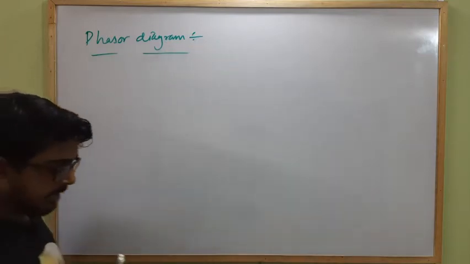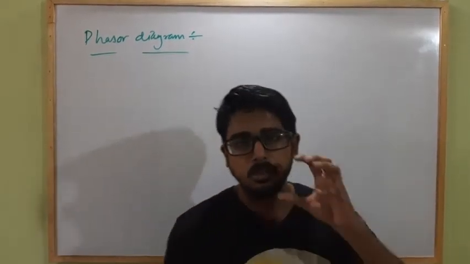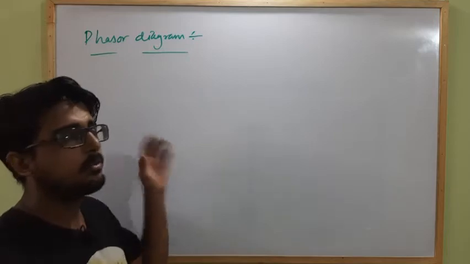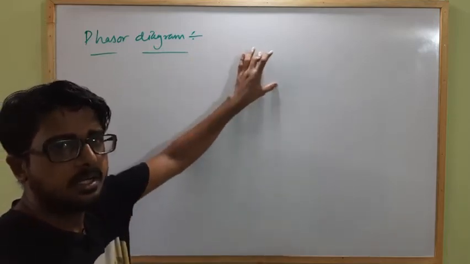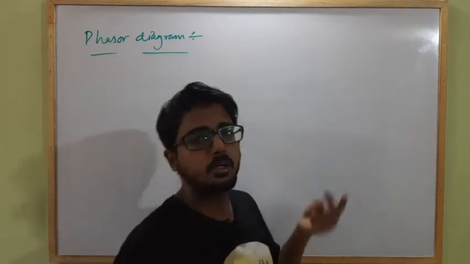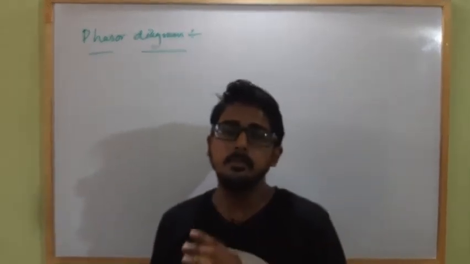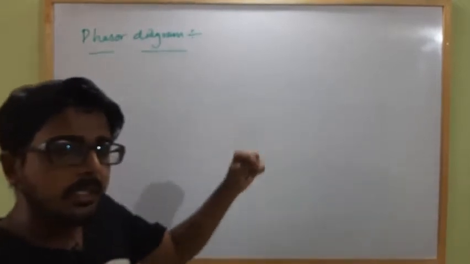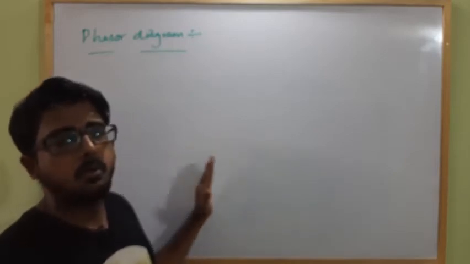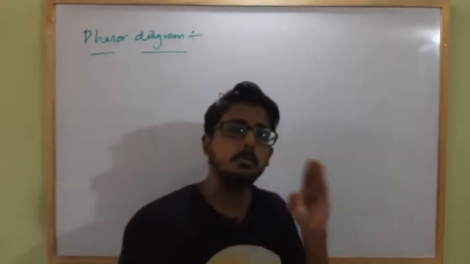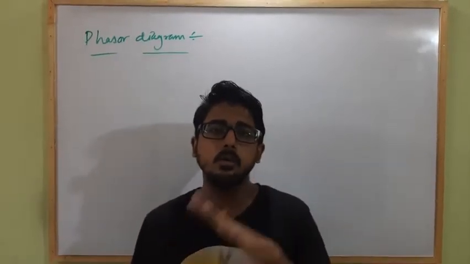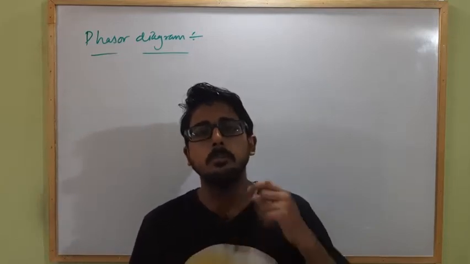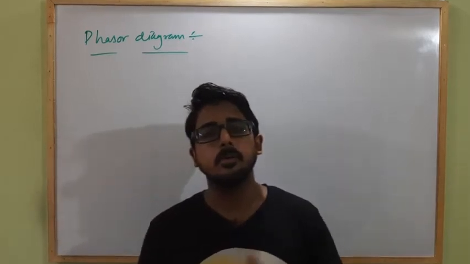In a phasor diagram, the function I equal to I naught sin omega t or E equal to E naught sin omega t, which is a time varying sinusoidal relation, can be represented by a vector quantity. This vector represents the alternating EMF or alternating current and rotates in uniform circular motion in anti-clockwise sense. The angular velocity of the rotation of the vector is equivalent to the angular frequency of the alternating EMF or current, and the length of the vector is equivalent to the peak value or amplitude of that alternating EMF or current.